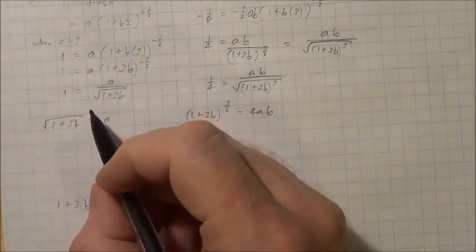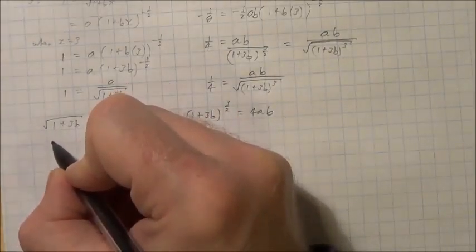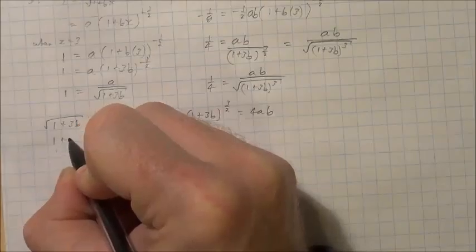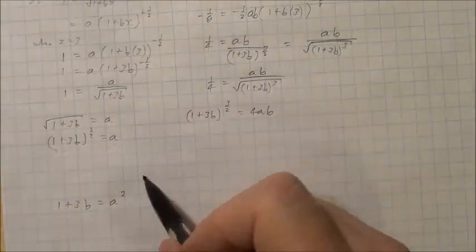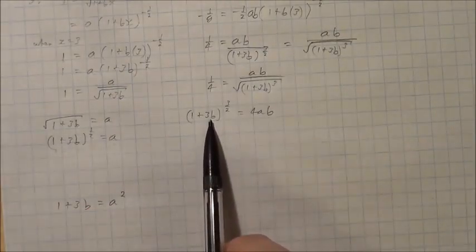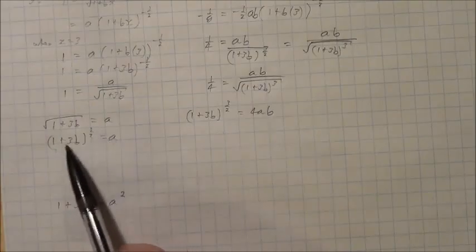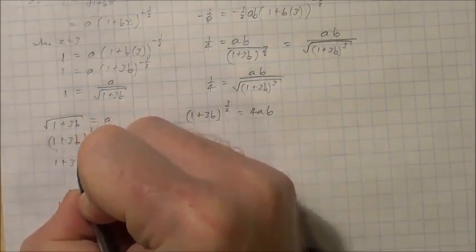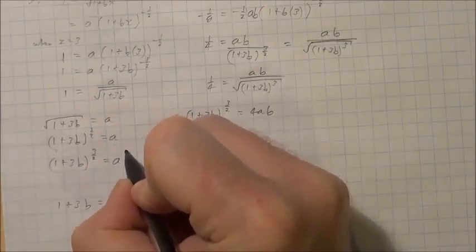So if I cube both sides, that is actually 1 plus 3b all to the 1/2. This is as I recognize what's going on over here. I see I've got a 1 plus 3b to the 3/2, and here I've got a 1 plus 3b to the 1/2. So if I cube both sides, I get 1 plus 3b to the 3/2, and that equals a cubed.